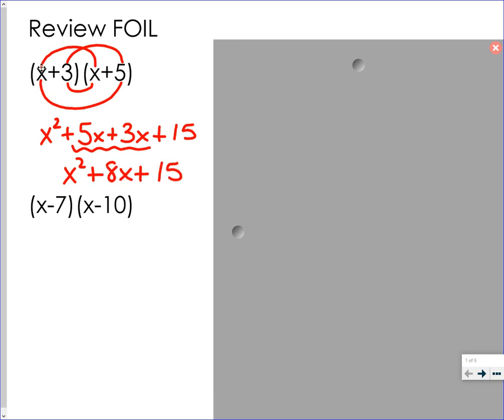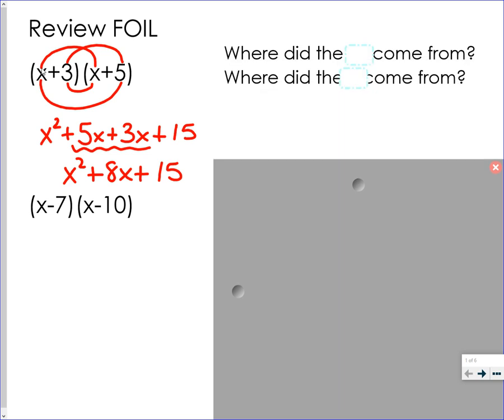Now, I want you to be thinking about some things here. Where did that 15 come from? We got the 15 when we multiplied the last number in the first binomial times the last number in the second binomial. So we multiplied 3 times 5. That's how we got 15. Where did the 8 come from?